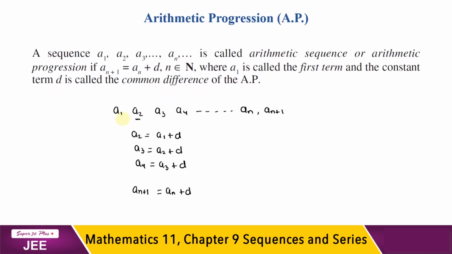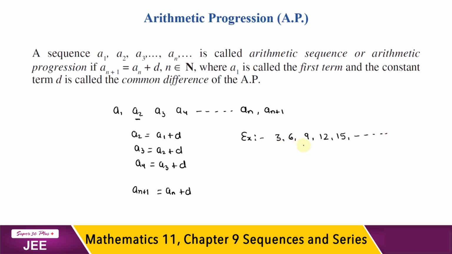Alright, so I hope everybody must have understood the definition of arithmetic progression. This is how an AP is defined. Now, for example, we can consider an AP 3, 6, 9, 12, 15 and so on. This continues.